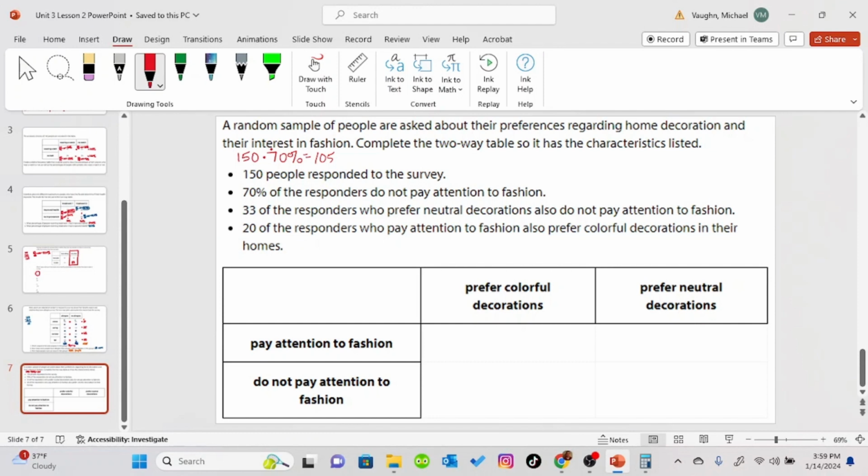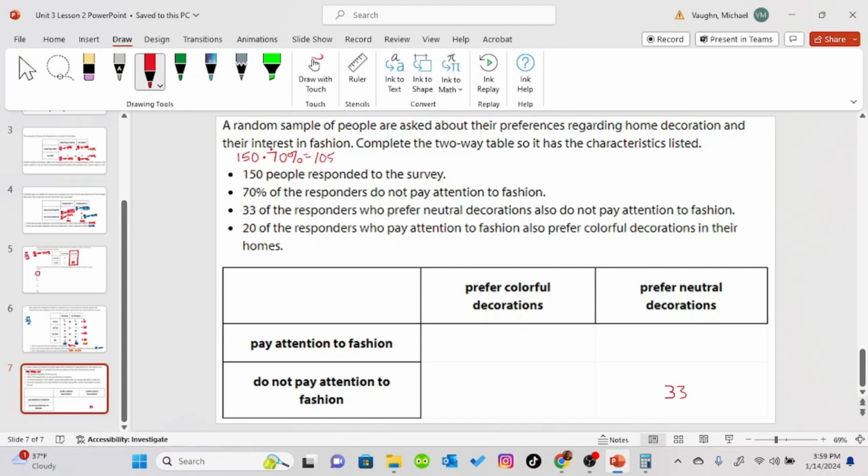So 105 people do not pay attention to fashion. 33 of the responders who prefer neutral decorations also do not pay attention to fashion. So we have 33 in the bottom right box.